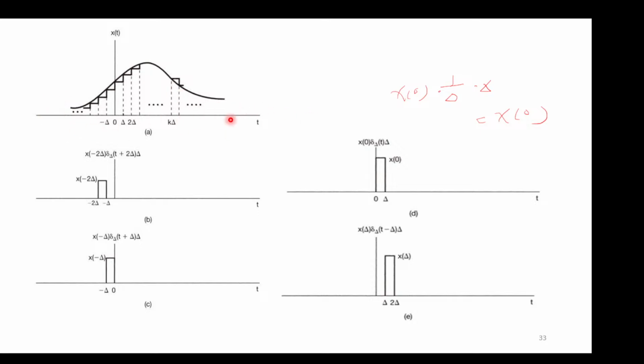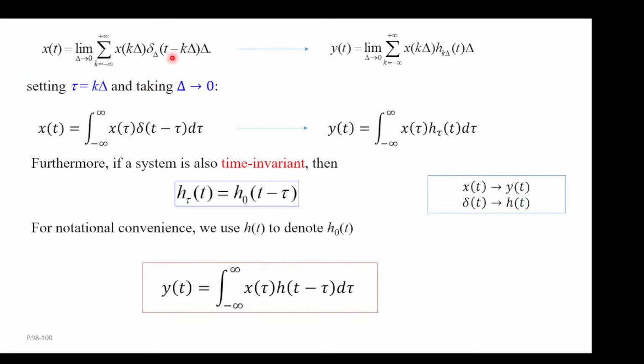So k triangle is kind of like a t, and we just give another dummy variable named tau. Then as triangle goes to 0, the summation over k becomes an integral. So k from minus infinity to infinity, then tau also becomes minus infinity to infinity. And x of k triangle becomes x of tau.